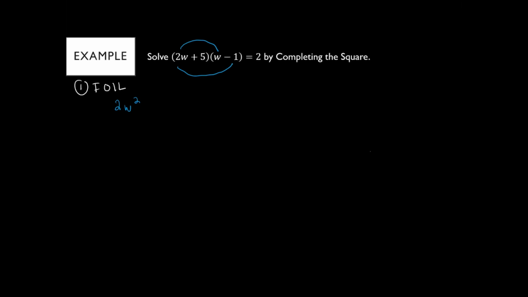Then 2w times negative 1, so that's going to be negative 2w. 5 times w, so that's plus 5w. And then 5 times negative 1, which is minus 5. And then all this is equal to 2. And then I'm going to combine my like terms. So I have 2w squared. Negative 2 plus 5 is a positive 3. So it's plus 3w minus 5 equals 2.